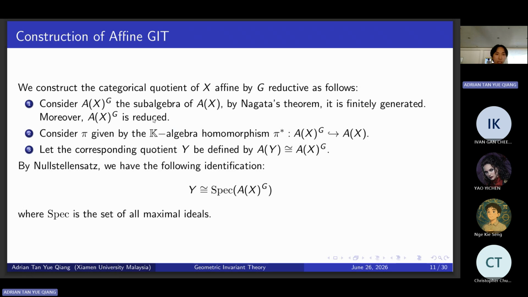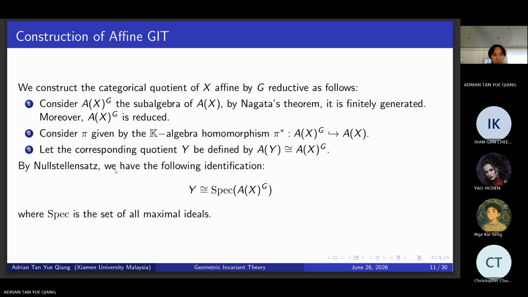Being a subalgebra of A(X), and A(X) is well known to be reduced, A(X)^G must be reduced. Okay, and we construct our pi to be the corresponding morphism with respect to the k-algebra homomorphism given by this inclusion map. Right, so A(X)^G is just the G-invariant functions on X. Okay, it is still a function on X. Therefore, this inclusion makes sense.